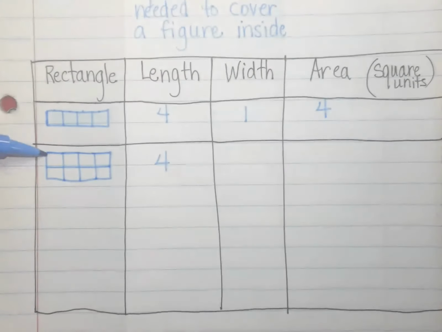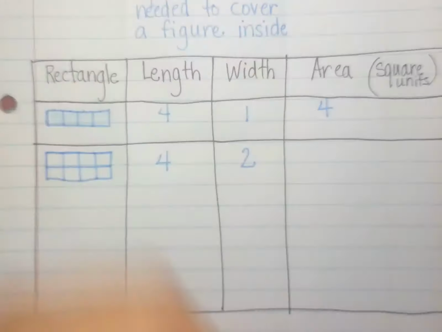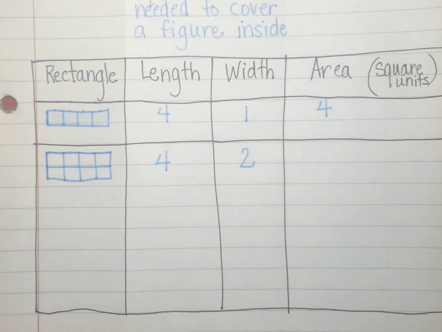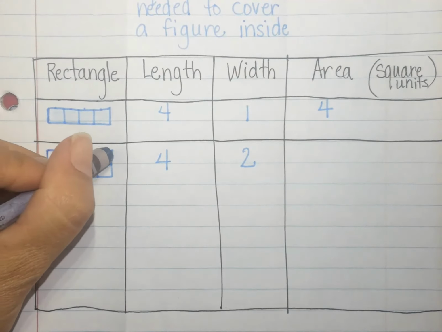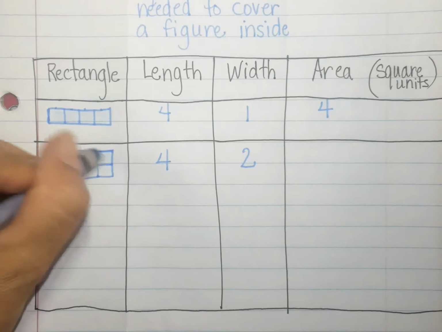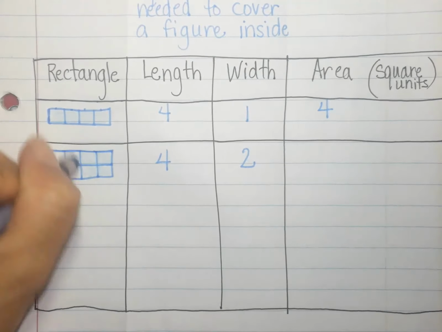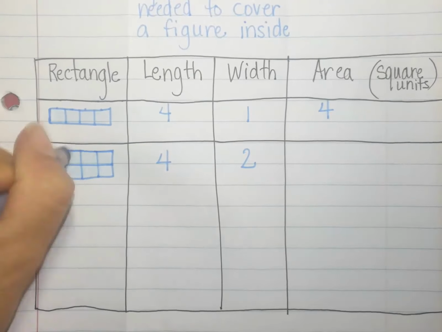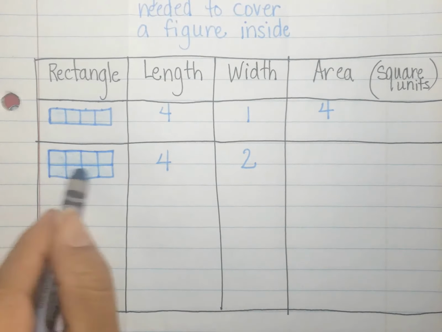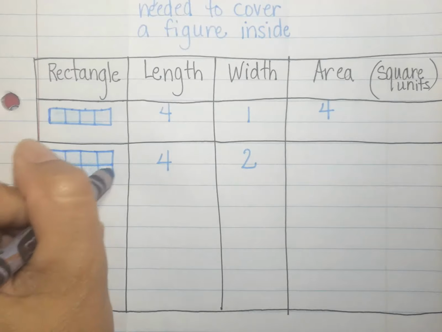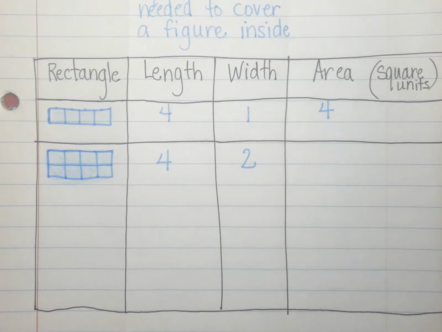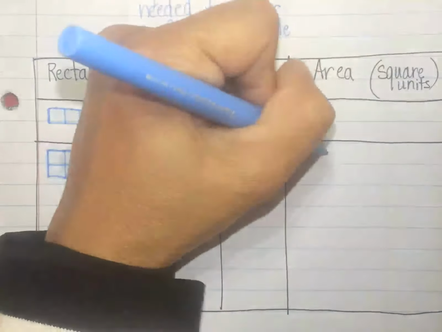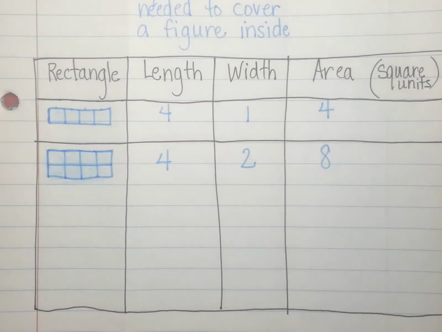But the width is not the same, 1, 2. So now I count the unit squares inside. 1, 2, 3, 4, 5, 6, 7, 8. And we have our answer for what the area of this one is. Yes, 8 square units.